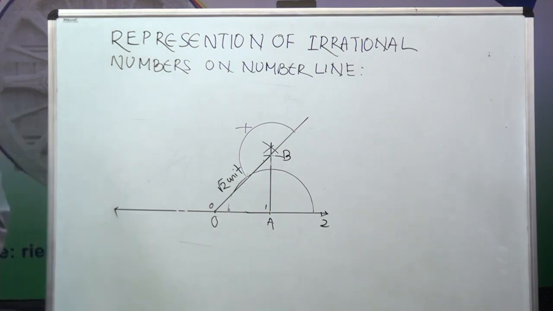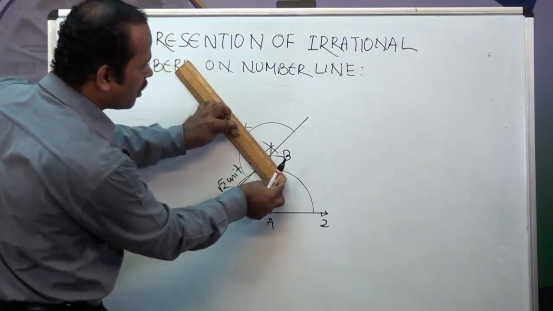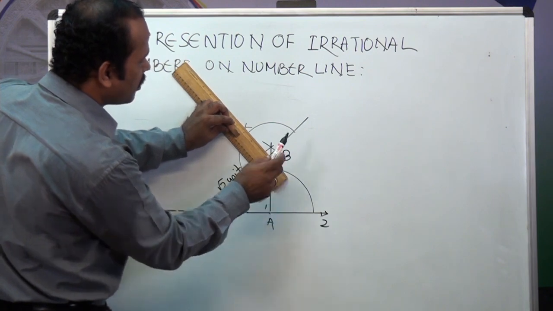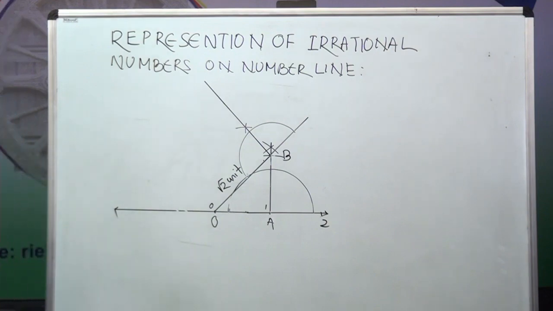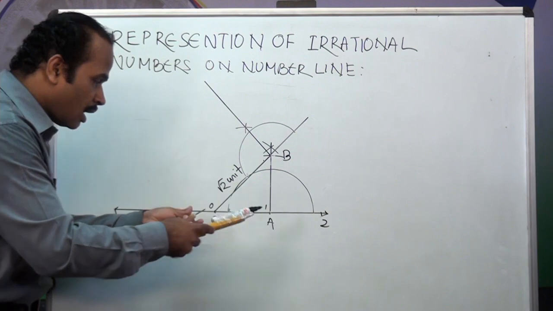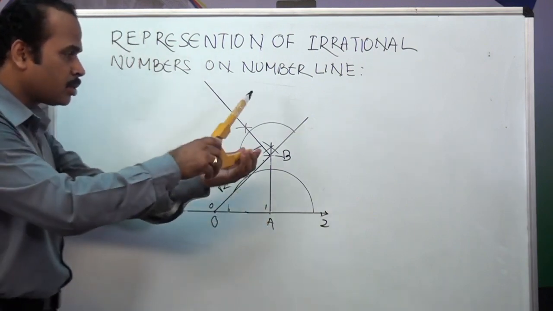Okay, so I will produce this line now to find the perpendicular on that point. So this is my √2 unit and I extended this unit. Again on that line I have to find one more 1 unit. I have selected already 1 unit here. Let me choose 1 unit from here also.